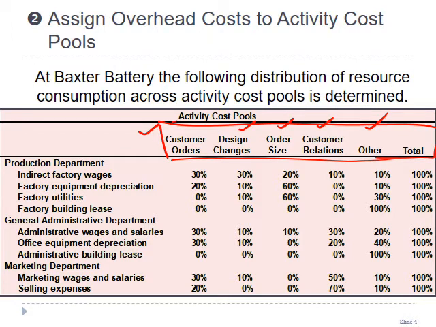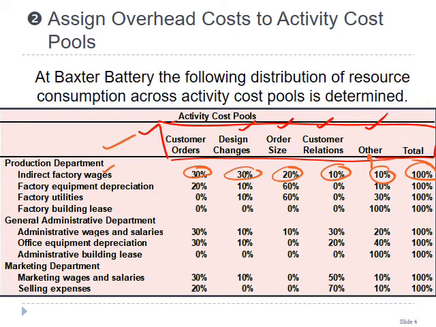So for example here, among the production department, the indirect wages, factory wages, 30% belong to customer order, 30% belong to design changes, 20% belong to order size, 10% belong to customer relation, and the rest, 10%, belongs to other. So hence this is 100%.